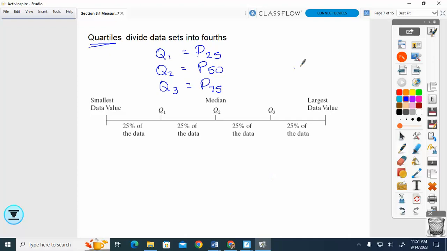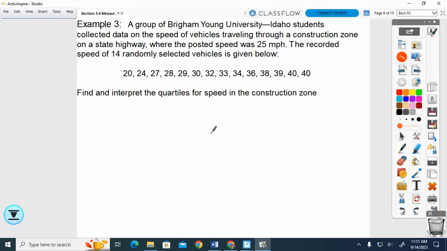So I'm going to give us a set of data. All right, so we have a group of Brigham Young University, Idaho students who collected data on the speed of vehicles traveling through a construction zone on a state highway, where the posted speed was 25 miles per hour. Here are your 14 speeds, and I think I even put them in order for you. So I was being nice.